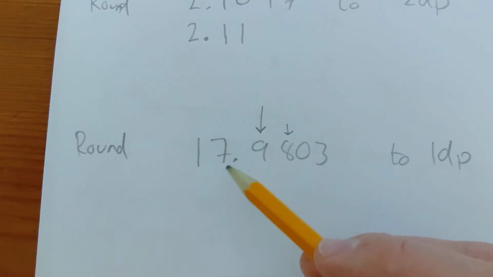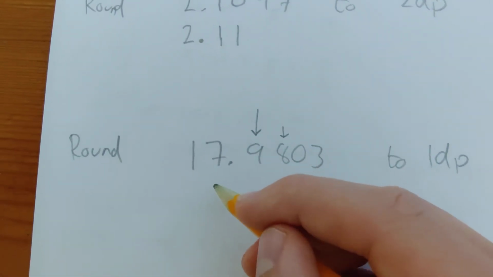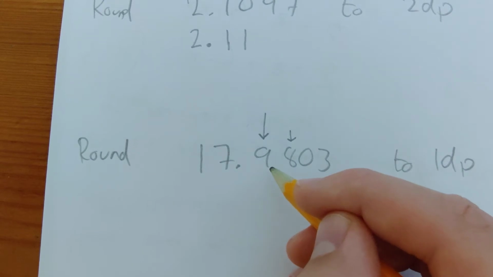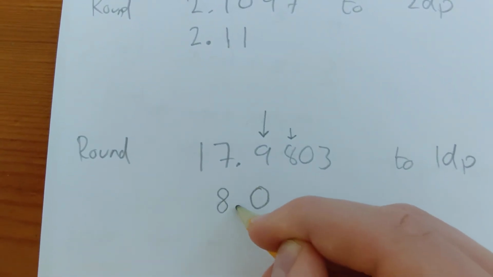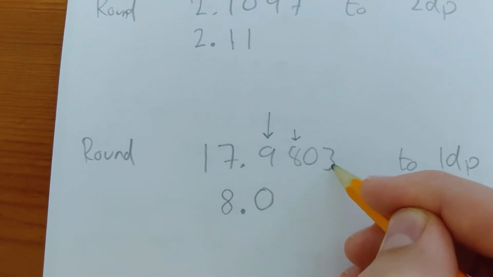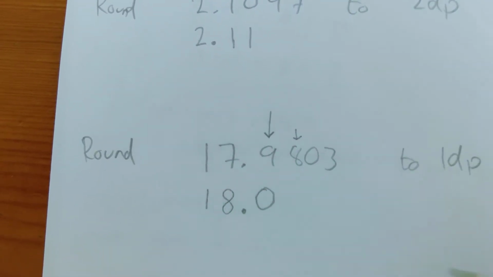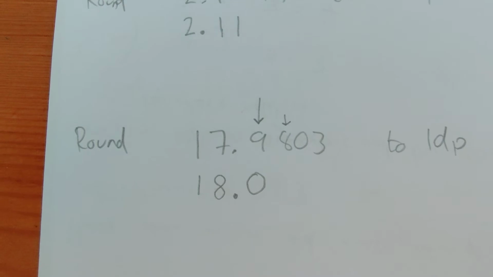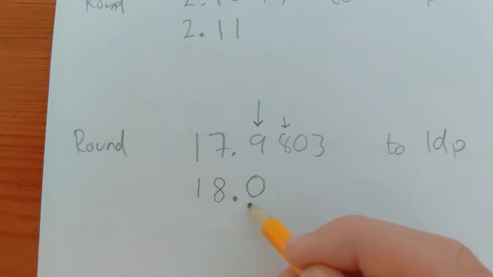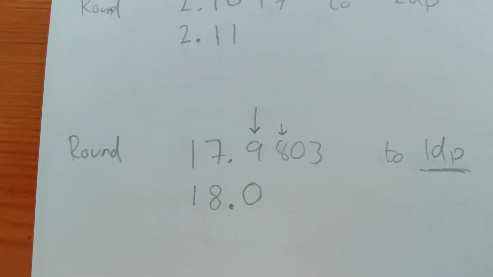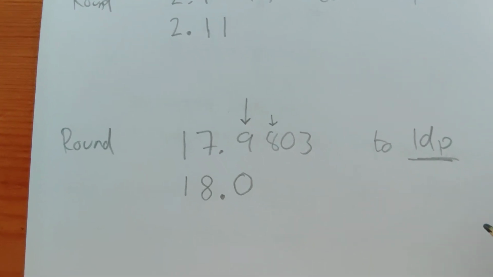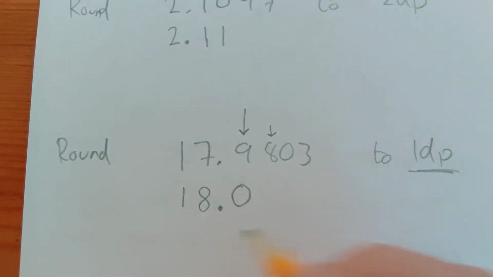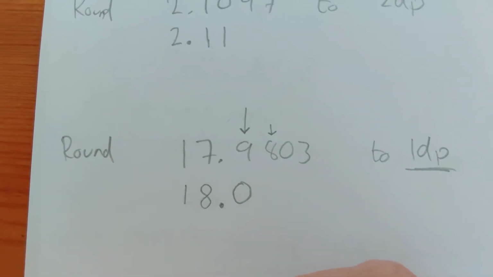So it has to knock the next digit to the left up. So instead of 7, 9, I'm going to have 8, 0. These numbers still get rounded off. This one doesn't need to change. 18.0. Really important that I have that 0 there to show that it's 1 decimal place, even though that's worth the same amount as just 18 on its own. Because I was told to do 1 decimal place, I have to write that 0 in there.